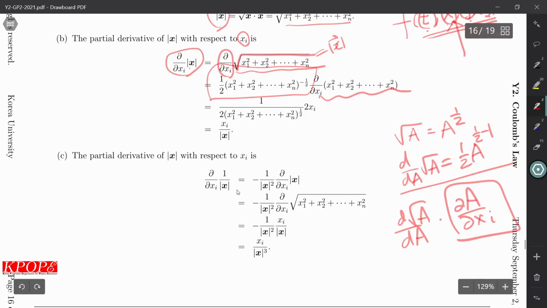So you must be familiar with this kind of calculation, because we frequently do this calculation in the future.